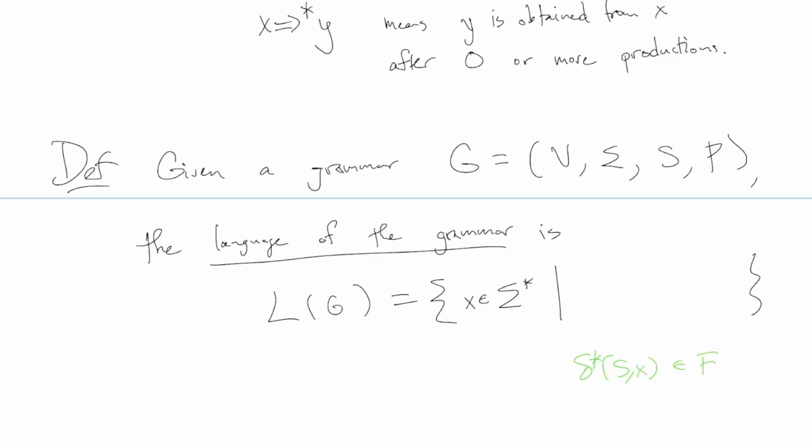That's for DFAs, and you had to remember what the delta star means. What this means is you can start in the state S and read through the string X, and you end up in an accepting state. Anybody want to say what's a way of saying what we want here? It's basically all the strings that you can possibly create by doing the production rules.